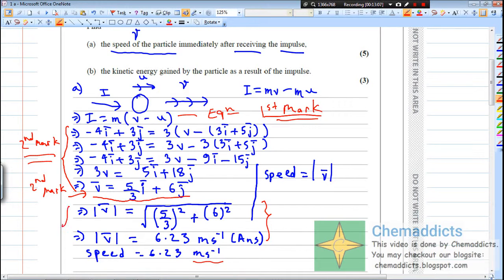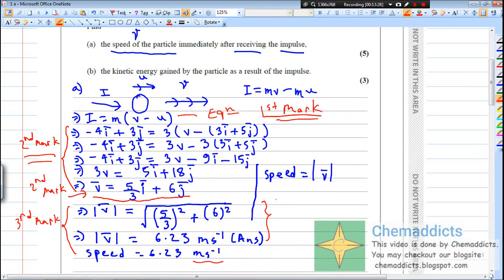So the third mark is for finding the magnitude of the final velocity and giving its unit.